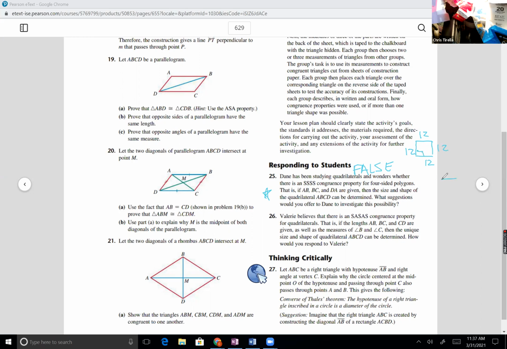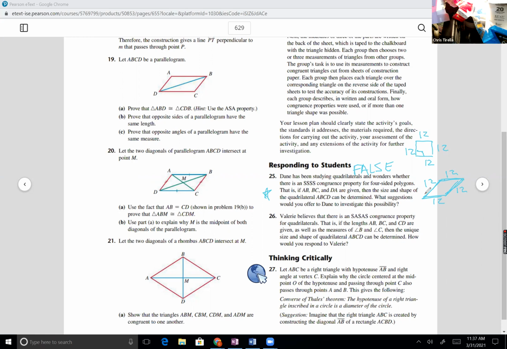But can't I also draw a rhombus with all sides 12? They have the same length of sides, but are they the same shape? No. So with 4 sides, knowing all 4 sides is not enough.